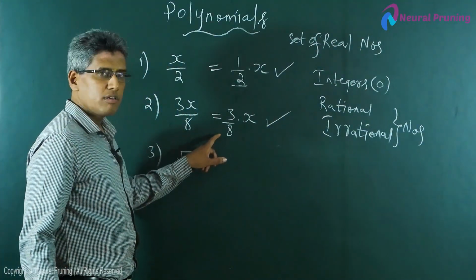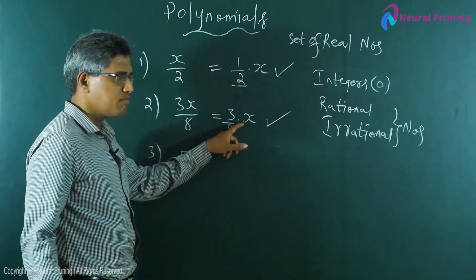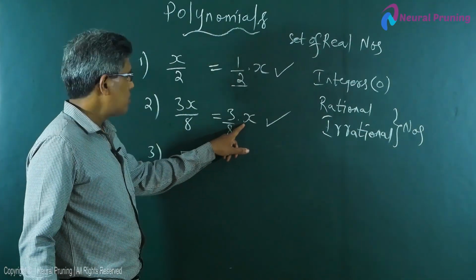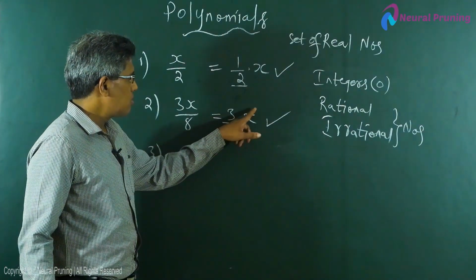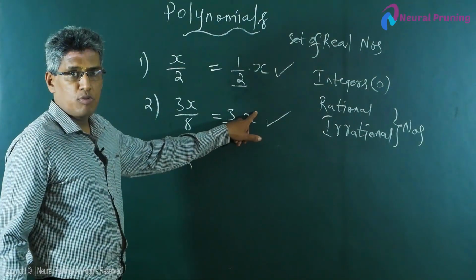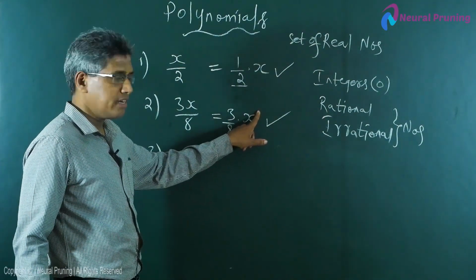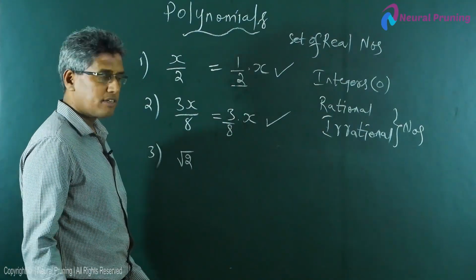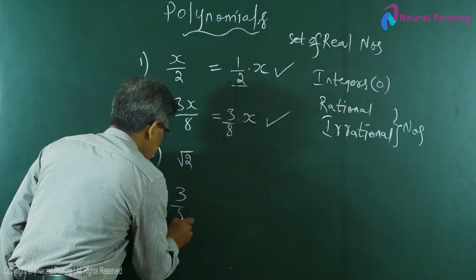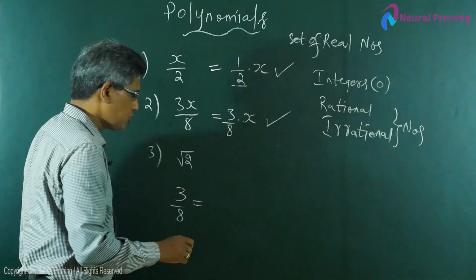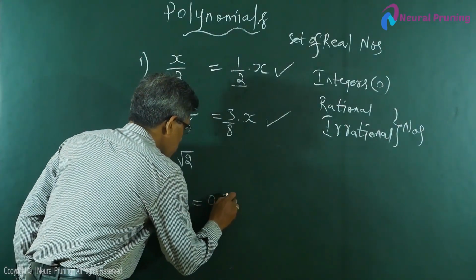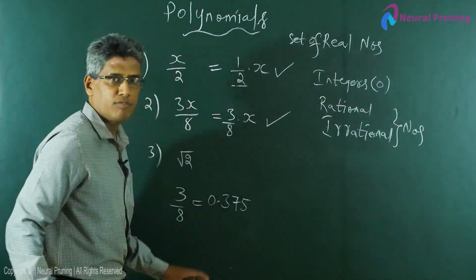Now x has an exponent of 1 which is permitted, and 3 by 8, when we carry out actual division, works out to 0.375.